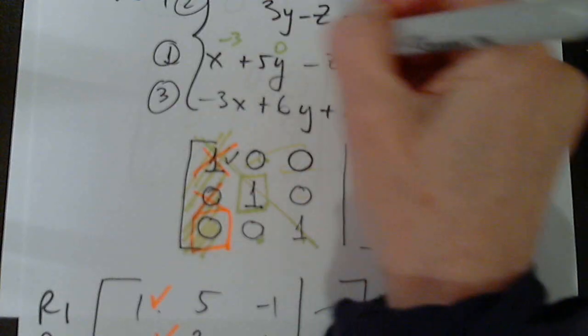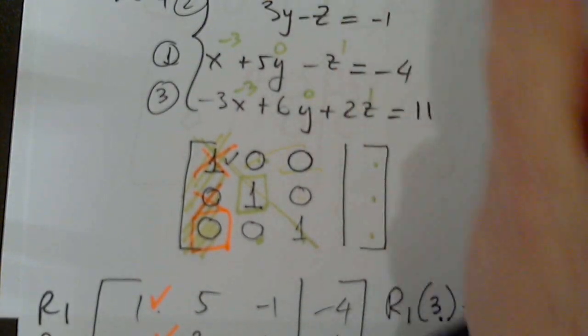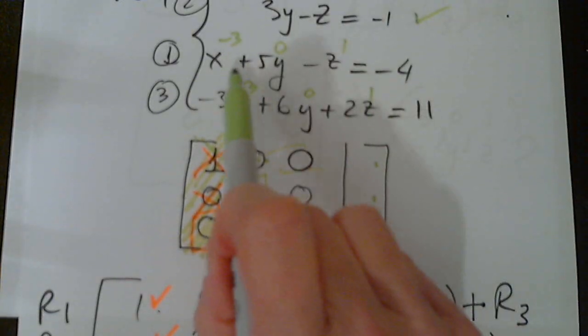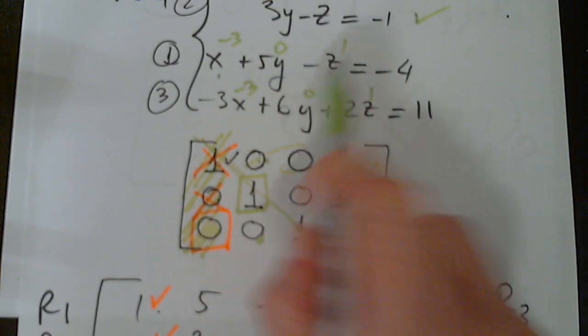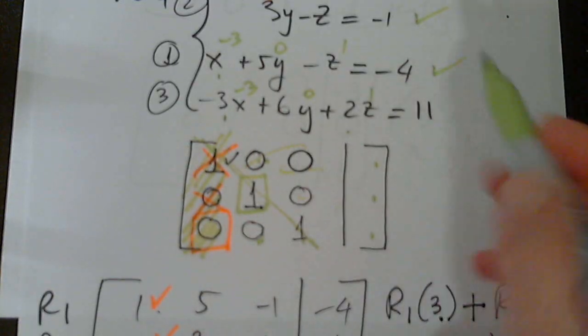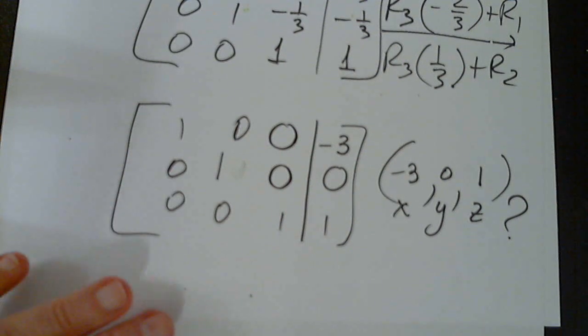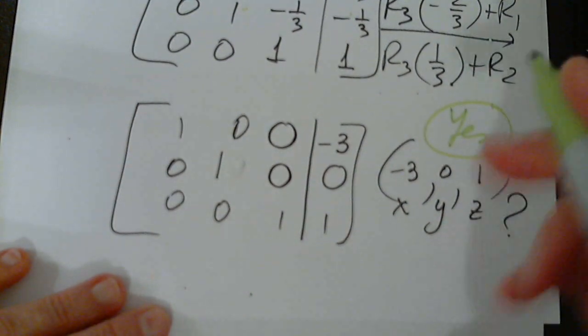Negative 3, 0, 1. This is fine. Negative 3 minus 1. This is fine. This is 9 plus 2. Yes.